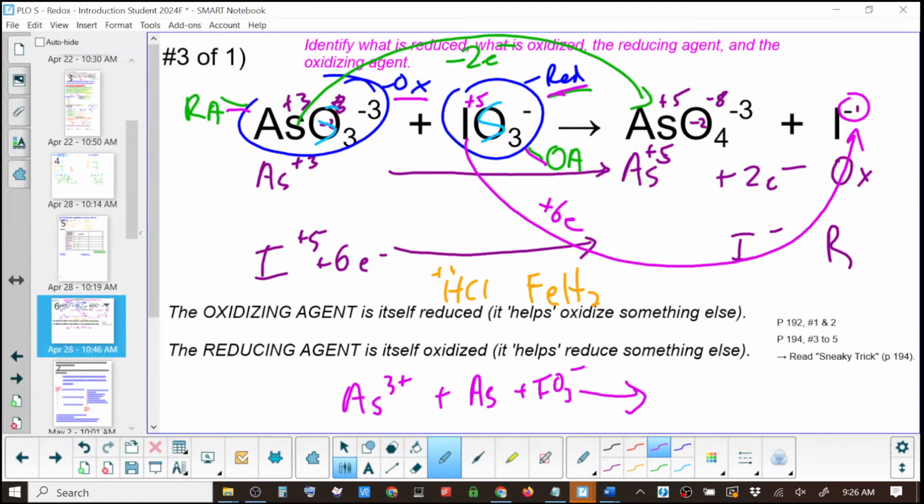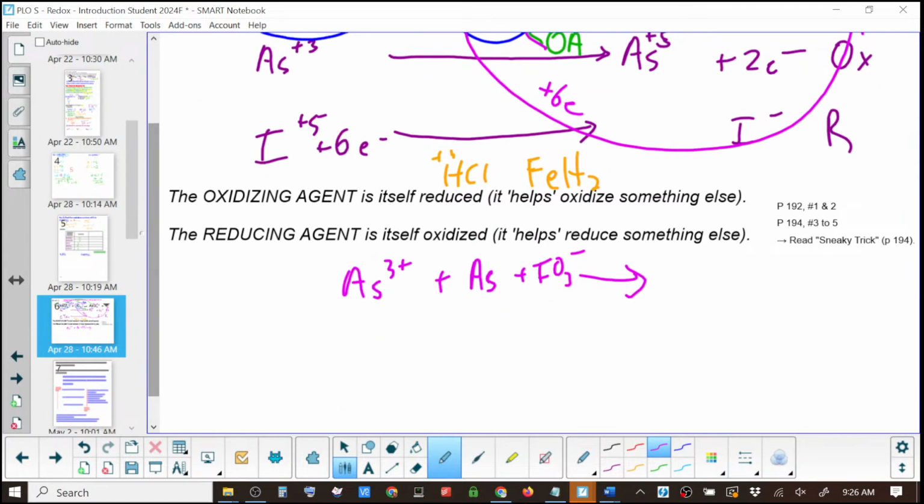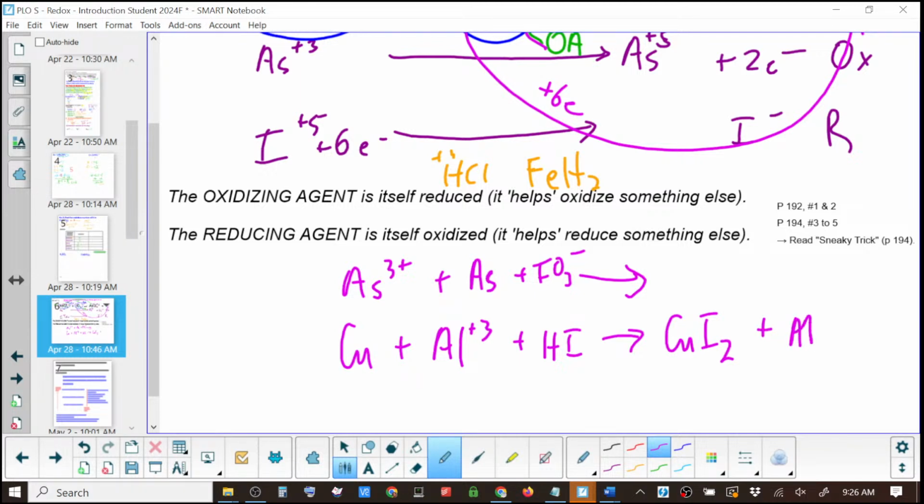So if you have 3 things, for example, copper plus aluminum 3+ plus hydrogen iodide, and you go to CuI2 plus Al plus H+.